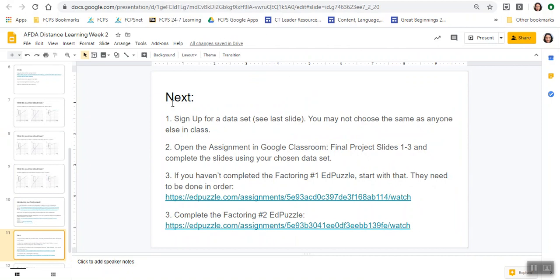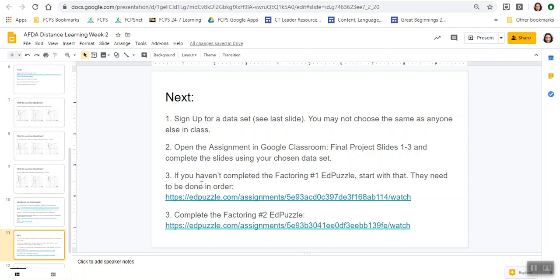Okay, so here's what you want to do next. First thing, sign up for a data set, and that's on the previous slide, because it's first come, first serve, so you want to make sure you get the one you want. Then you want to open the assignment in Google Classroom that's called Final Project Slides 1 through 3, and you want to do those slides. So those are the most important things.